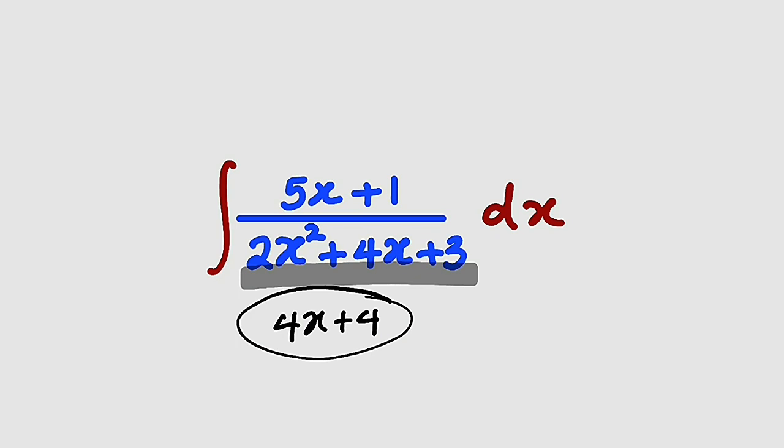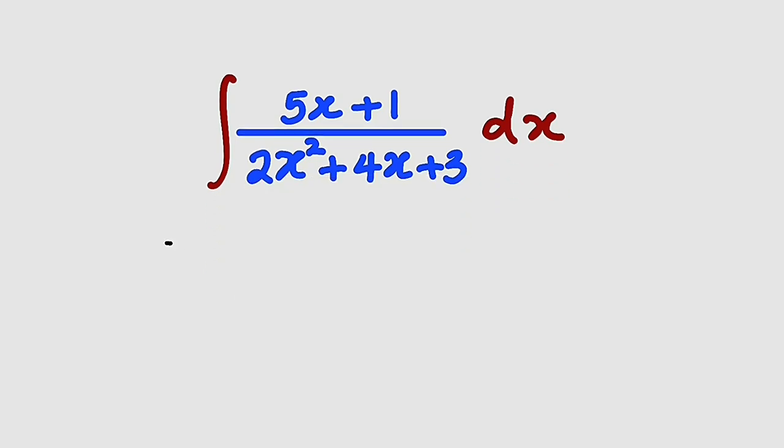That's our main goal. Our numerator is 5x plus 1, right? And I know I can write this as 5x plus 5. What have I added? I have just added 4 because this is 1 and this is 5. So to compensate, I'm going to subtract 4. 5 minus 4 is 1.